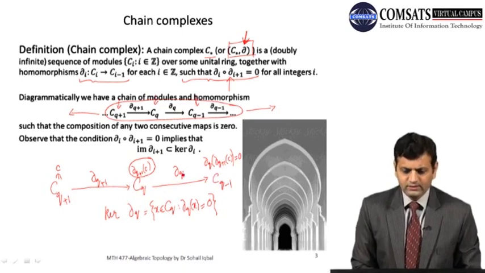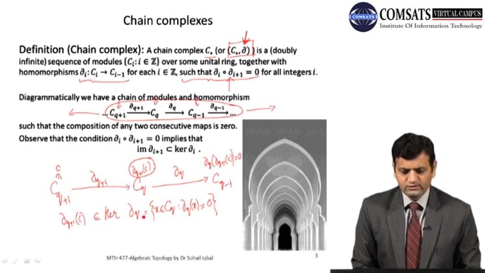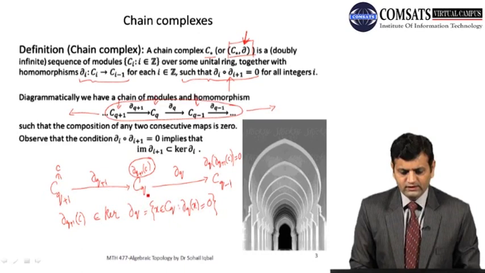In this case partial q is taking partial q plus 1 of c to 0, so that's why this element belongs to the kernel of partial q.